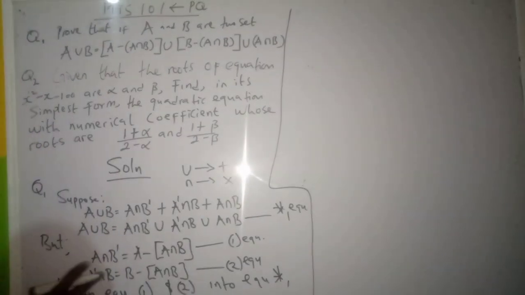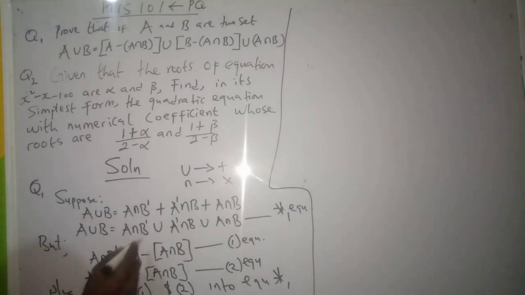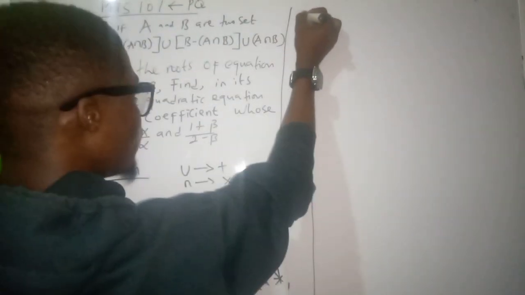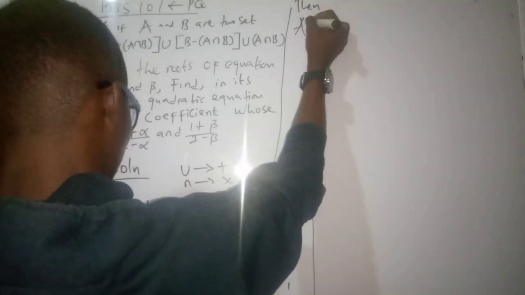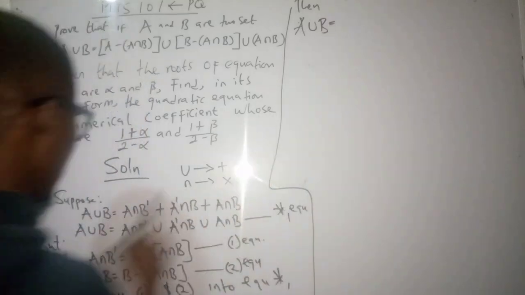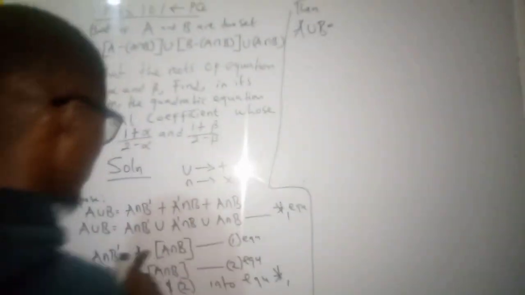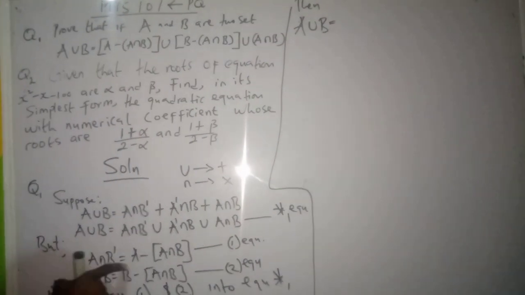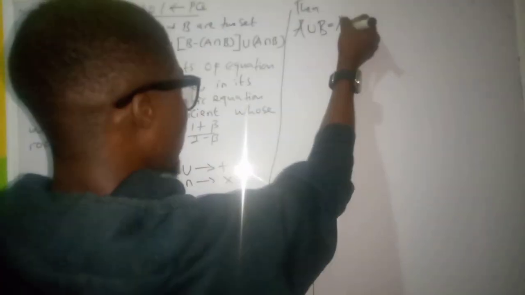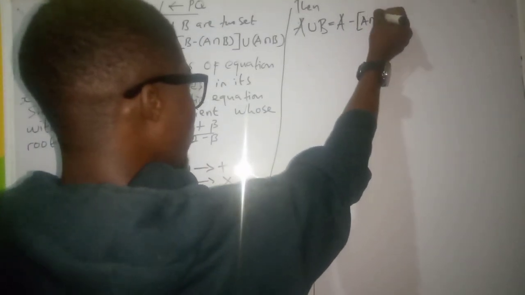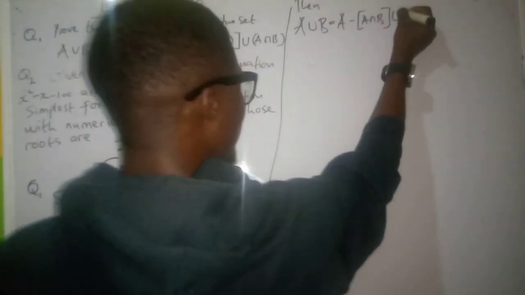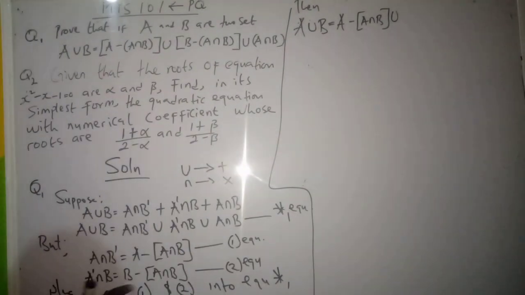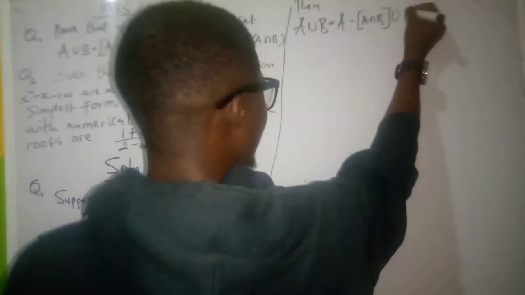At the end of the day, when we plug in this one, anywhere you see this one inside this equation, you substitute this. Anywhere you see this as well, you substitute this. So at the end of the day, you're going to be having A union B, and this A union B equals what? Our A intersection B prime is A minus A intersection B, union, what's our A prime intersection B?